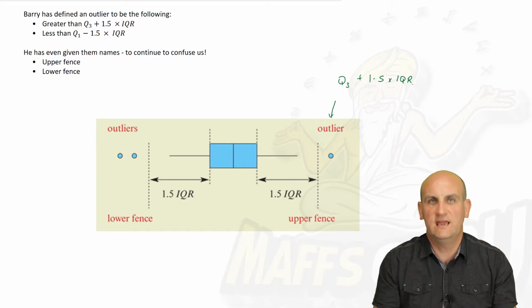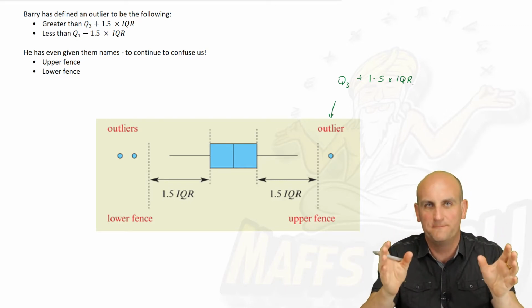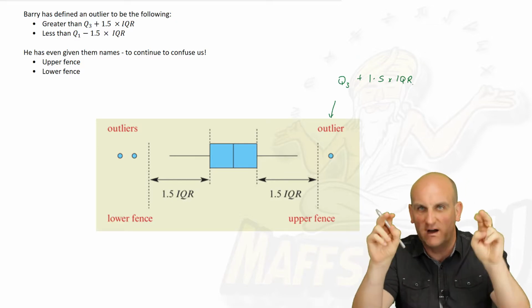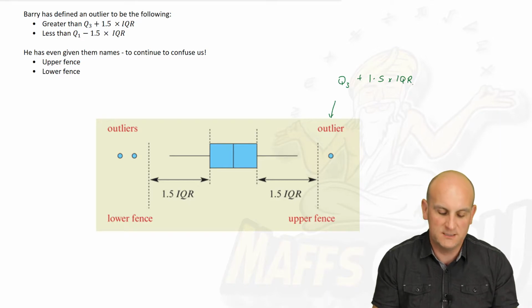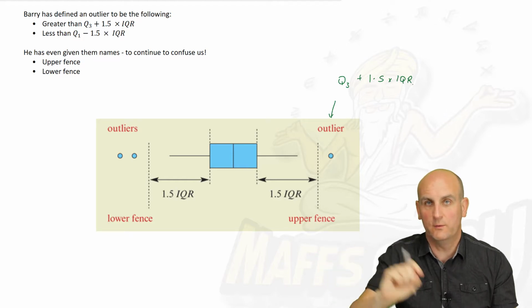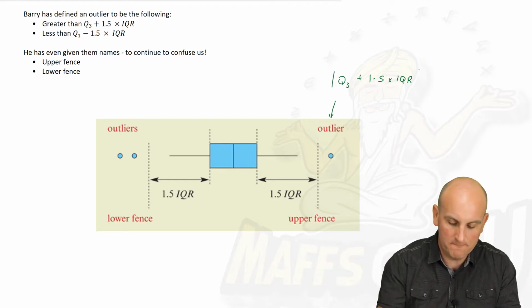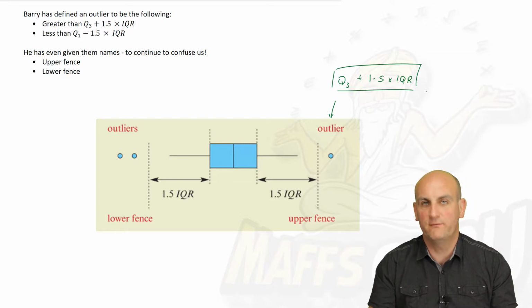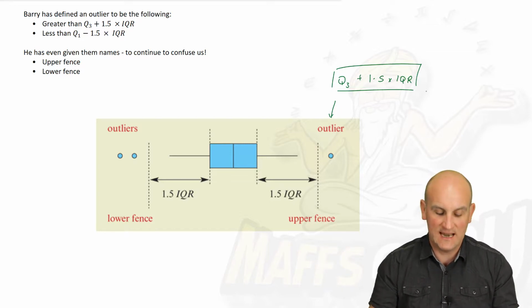So what he's effectively saying is, well, we've got some sort of error here. I just want to look at this middle set of data. We'll give it a bit of a fudge factor, this 1.5 business. And when I add it onto Q3, that is the value bigger than which there will be an outlier. So any value bigger than my upper quartile plus 1.5 times the interquartile range is an outlier.